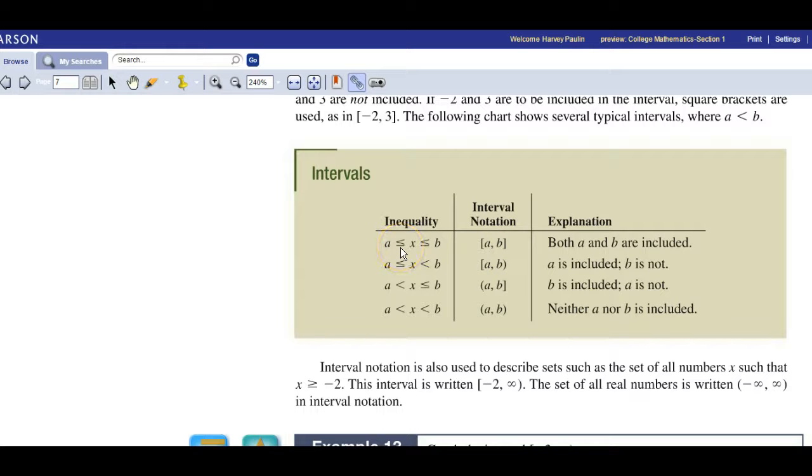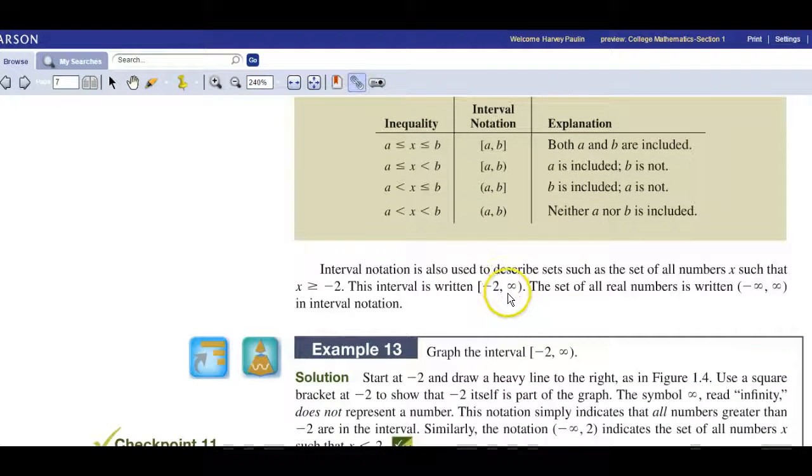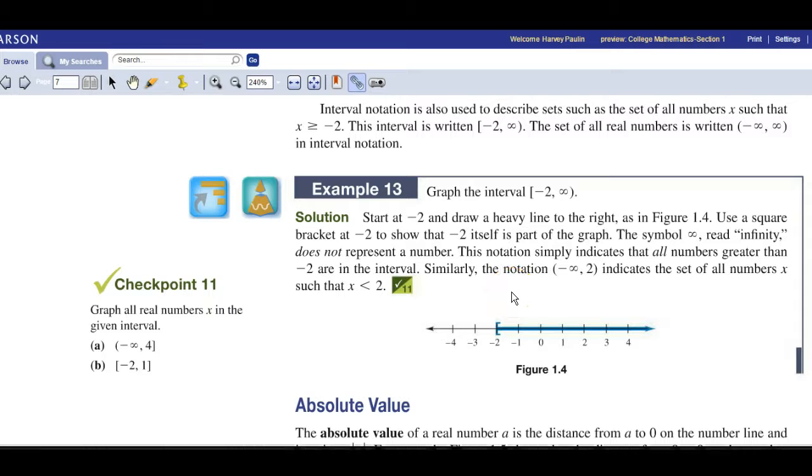So because of its less than or equal to, greater than or equal to, a bracket on both sides. Less than or equal to, only less than, here you have a bracket, there's a parenthesis. And then parenthesis, bracket, parenthesis, parenthesis. Okay, they're giving us a nice little review here.